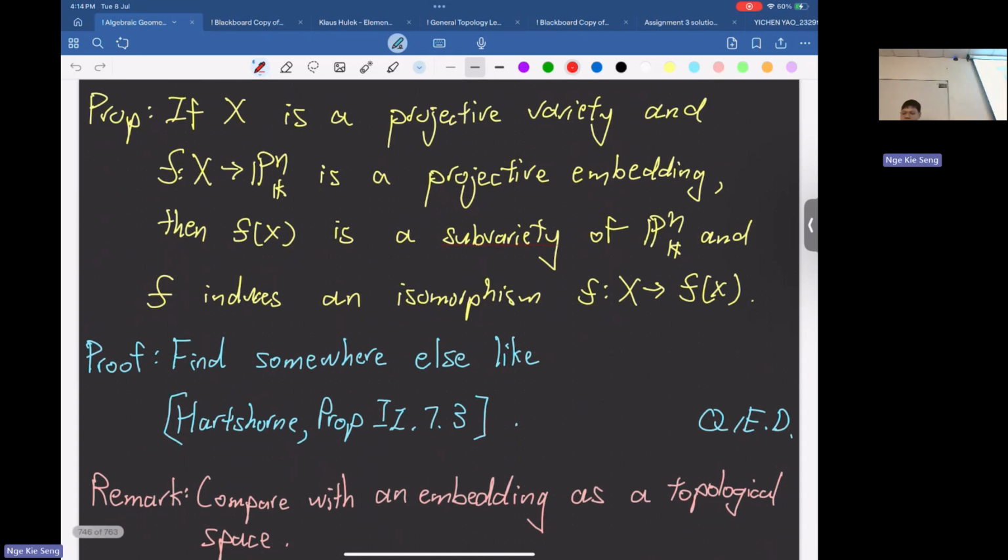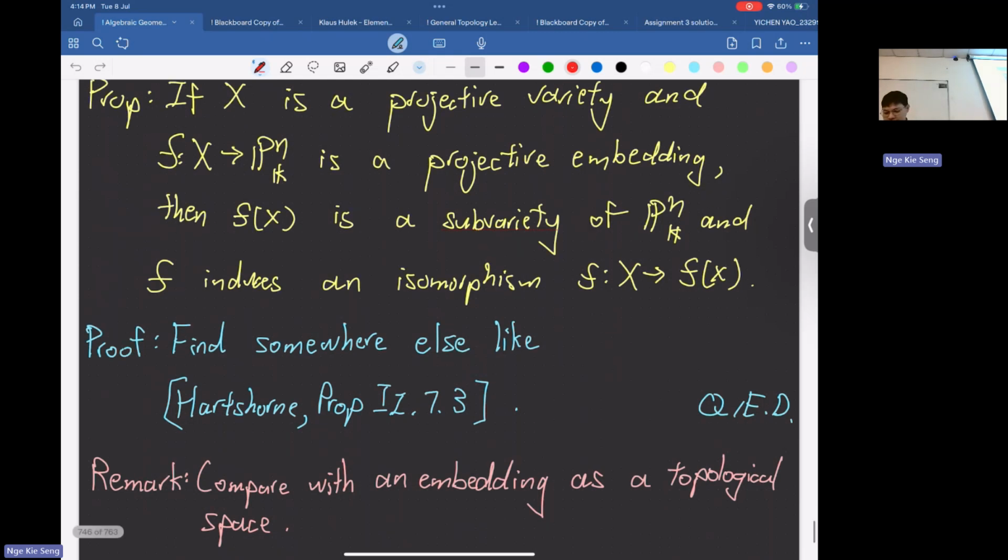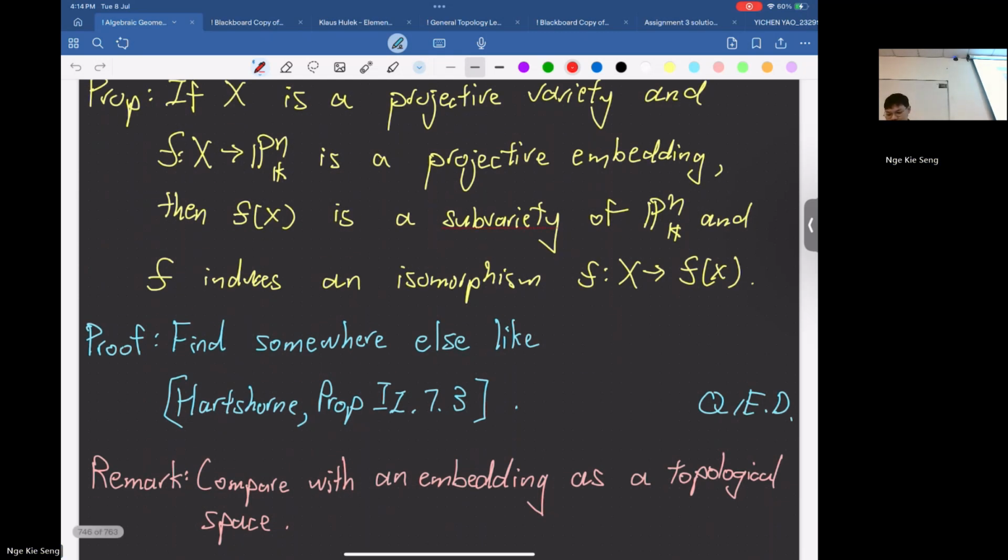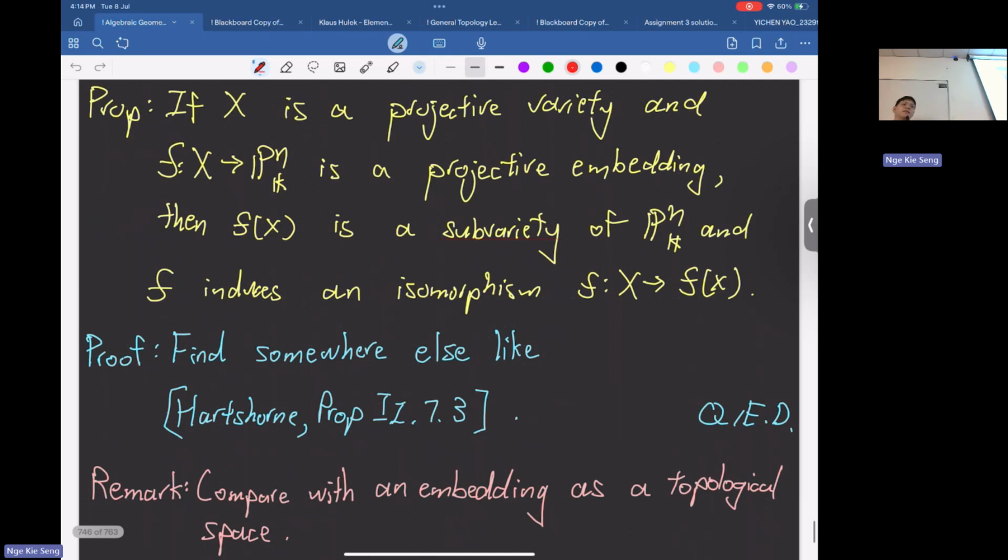There's no proof here since, as I already said, Hartshorne's is I think a long proof. Maybe one day the Hartshorne proof could be easier, because you could be the person to make it easier.